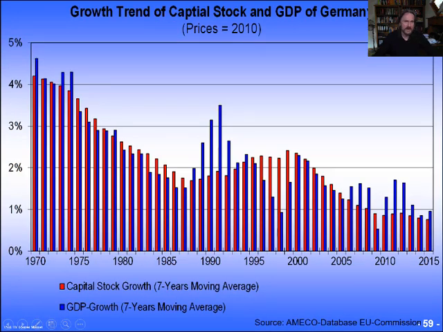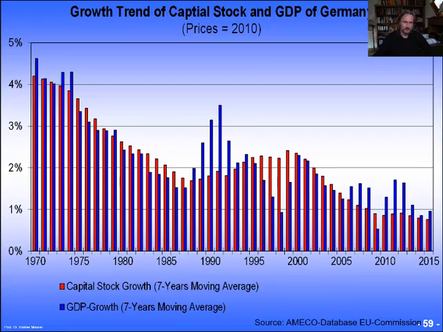If we now add the yearly growth rate of GDP, here also calculated as moving average, it becomes obvious that the decrease of GDP and capital stock growth rates happened nearly simultaneously, as we should expect from the Solow-Swan model.